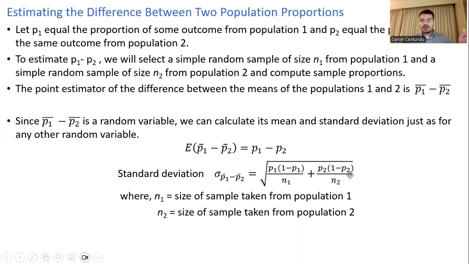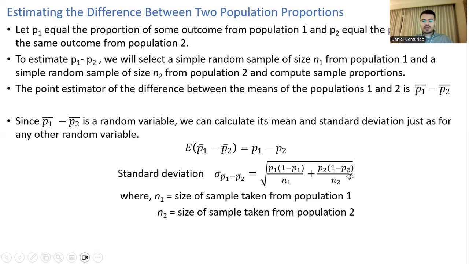The difference here is that now we have two terms, one for each one of the samples. And basically the notation of the subscripts determine which sample we are dealing in each term, right? So the first term is the proportion for the sample one, the second term is the proportion from the sample two, and the denominator is then the number of observations in the sample one, and the denominator in the second case is the number of observations in the sample two.